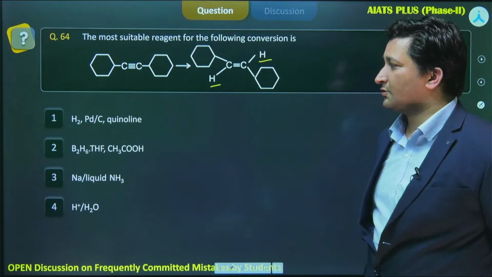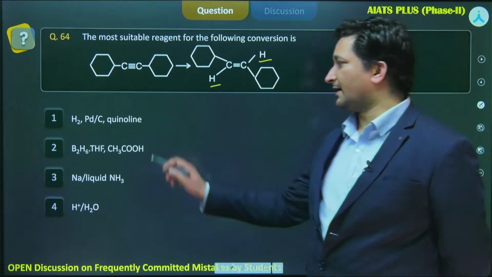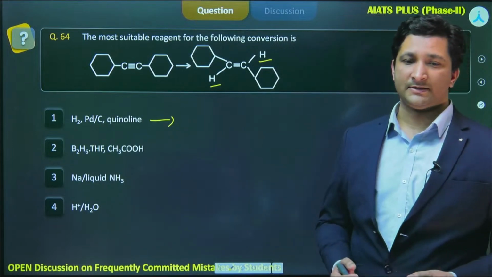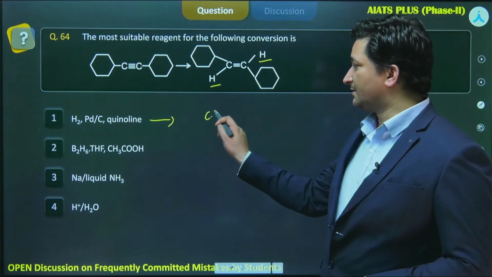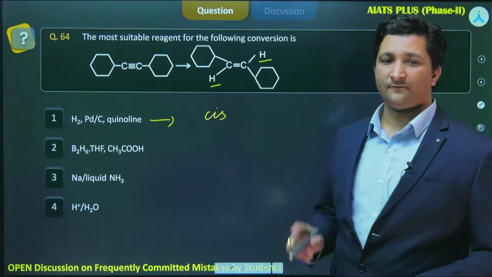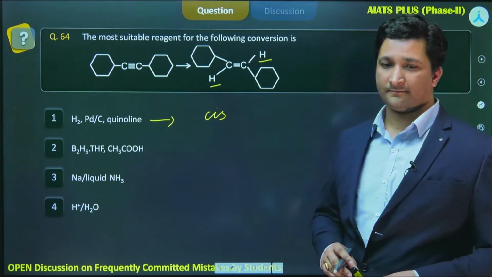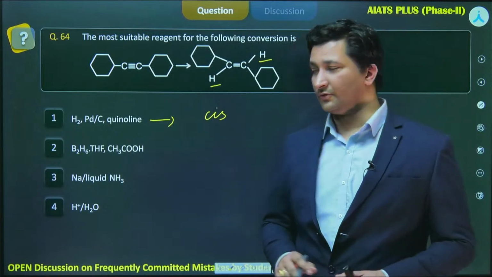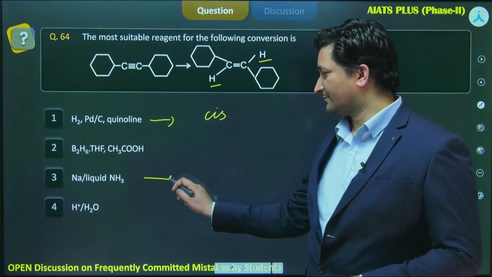So we all know Lindlar's catalyst will produce the cis form. It is not the trans. The form is very important here. Exactly, sodium in the presence of liquid ammonia gives trans.